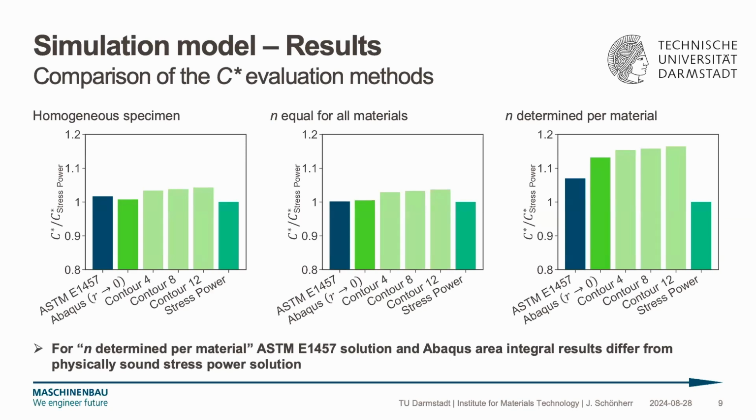Same for n equal for all materials, but if we look at the best fit for the actual material data set, you can see there's an error in the order of 10-15% if you're using either the ASTM standard or the Abaqus contour, or better area integral, for calculating the C star integral.